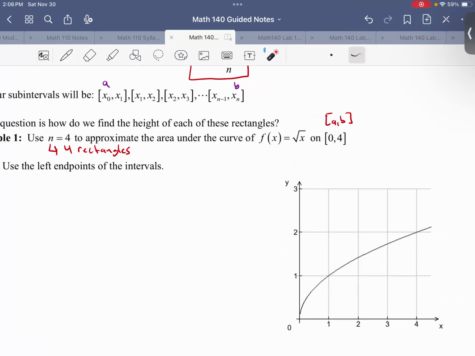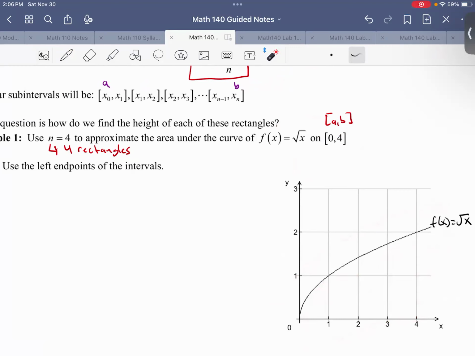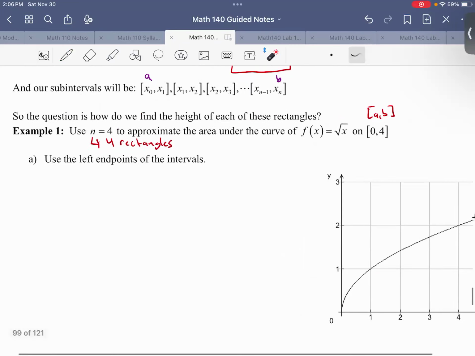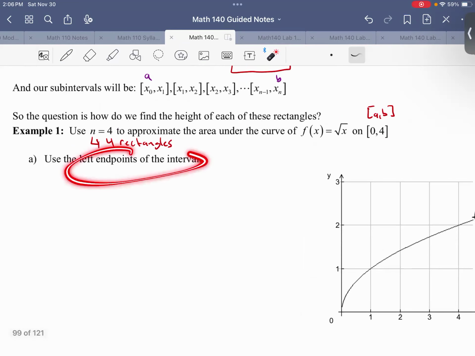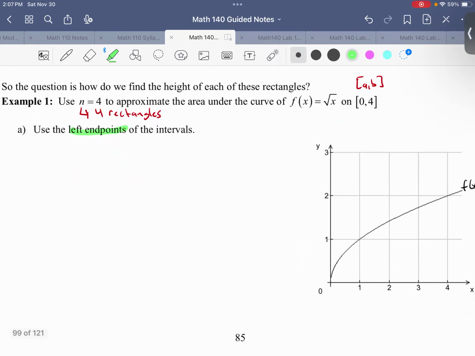Here's our function on the graph, f of x equals square root of x. I want to find the area underneath f of x. It says use left endpoints, and we'll get to that in a second. But the first thing you always want to do with these questions is to find your delta x.